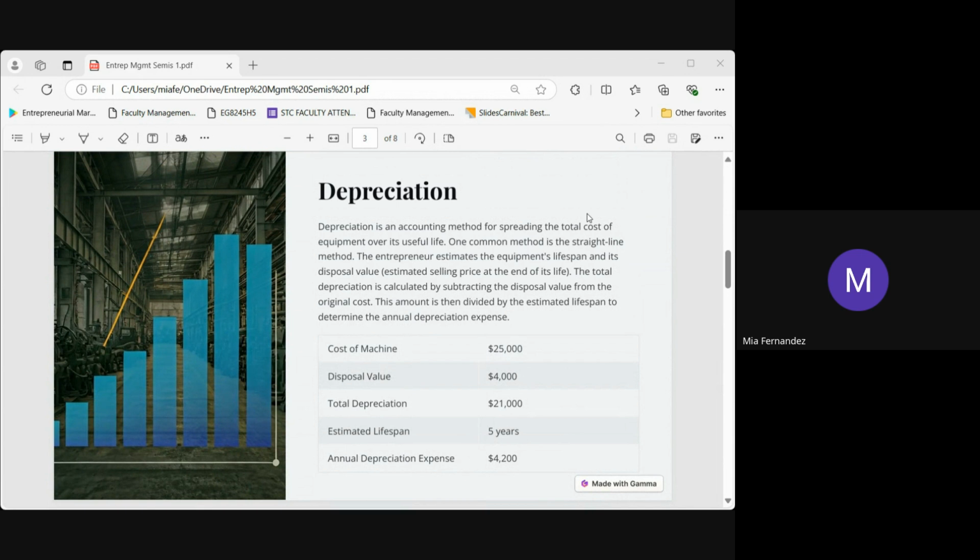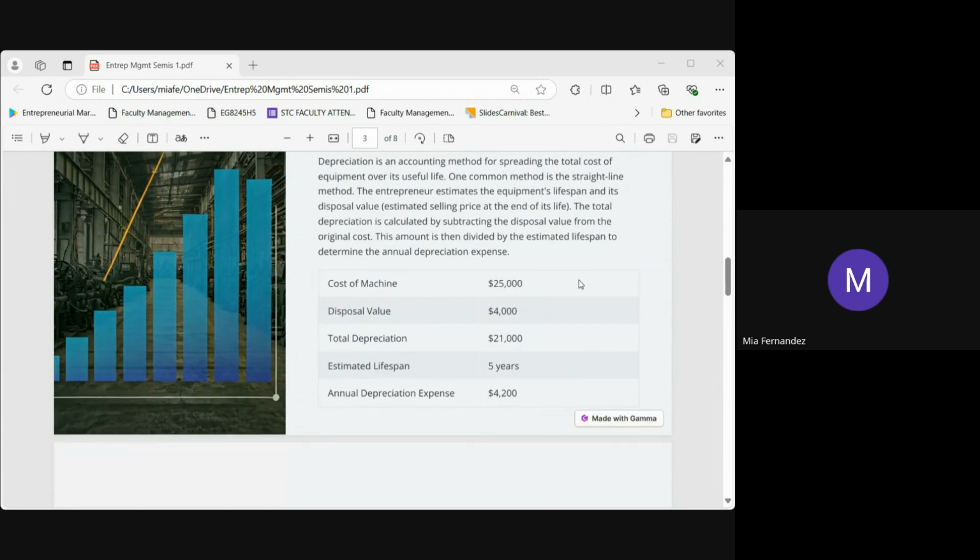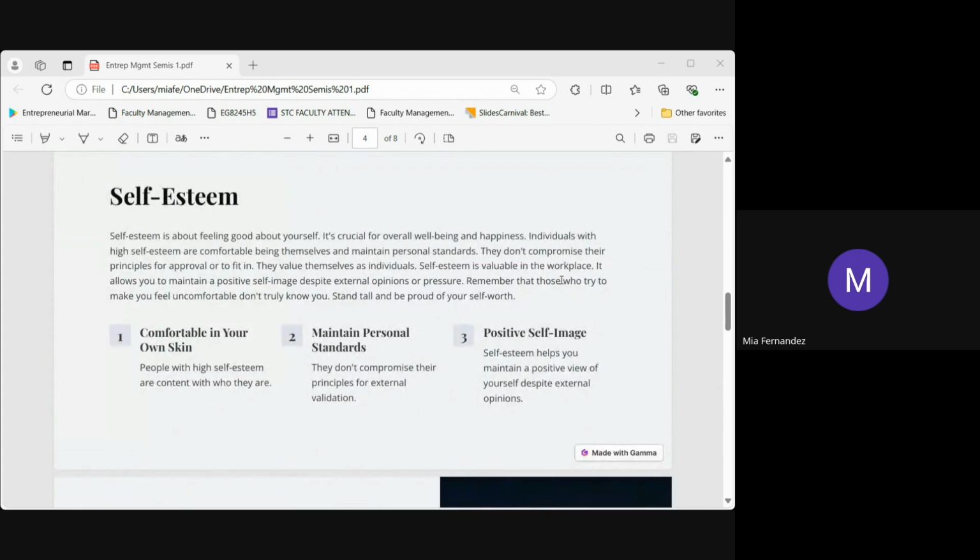Ibig sabihin, yung machine mo ay 5 years lang yung life niya, pero pwede mo pa siyang ibenta at this price, let's say $4,000. So, compute natin, 25 less 4 is 21,000. That's the total depreciation. Then you divide it by the estimated lifespan, which is 5 years. So, divided by 5 years, that's 4,200 per year ang kanyang depreciation expense.